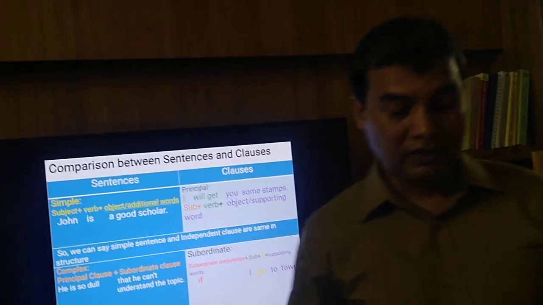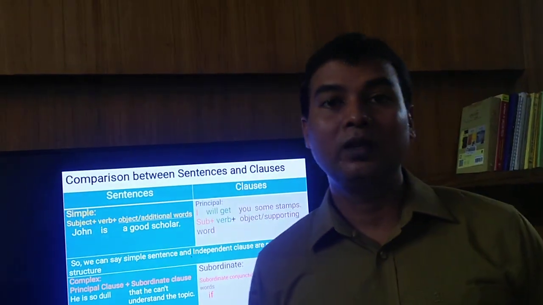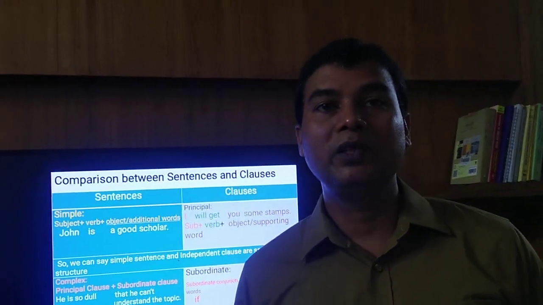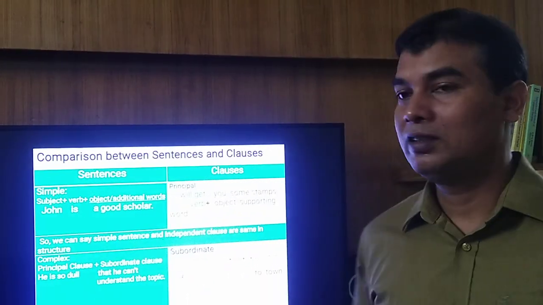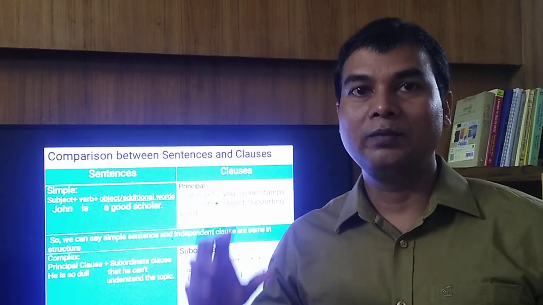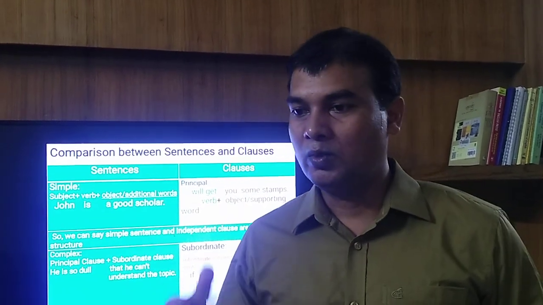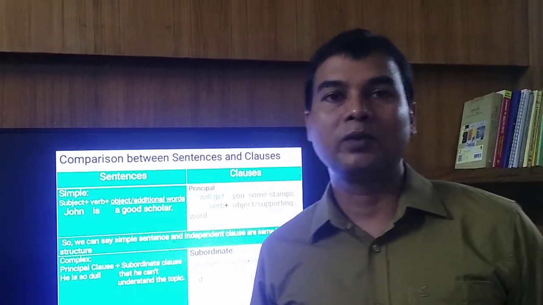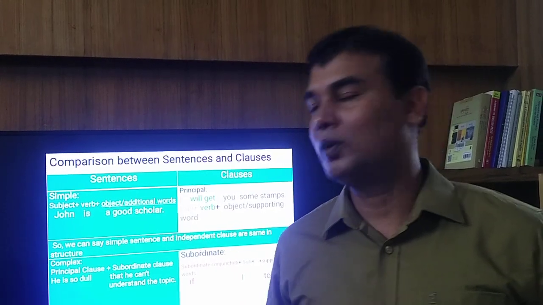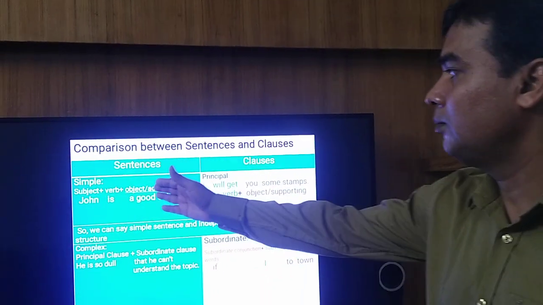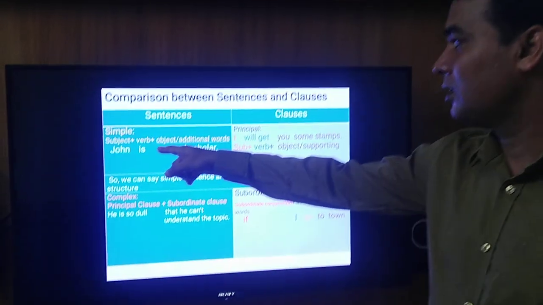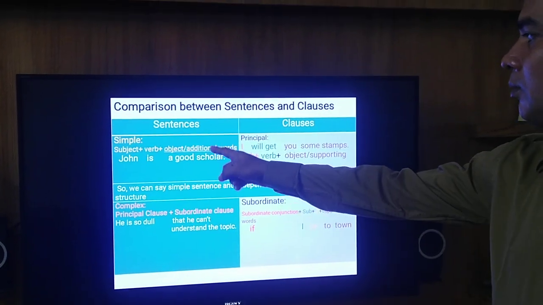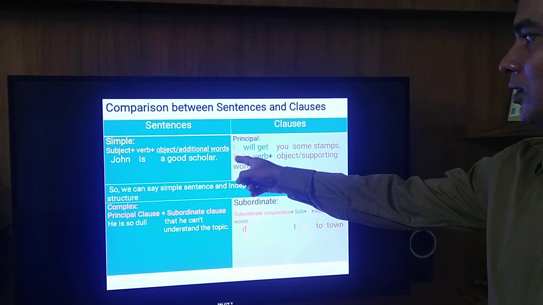Now this is very important for you, and that is the comparison between sentences and clauses. You have to remember it very well if you want to transform sentences from simple to complex and compound. Okay, you see, in a simple sentence the structure is subject plus verb plus object or additional words.